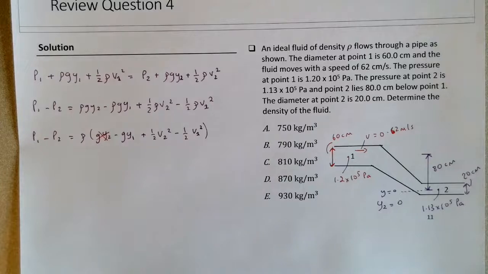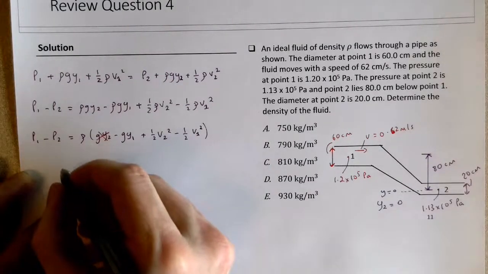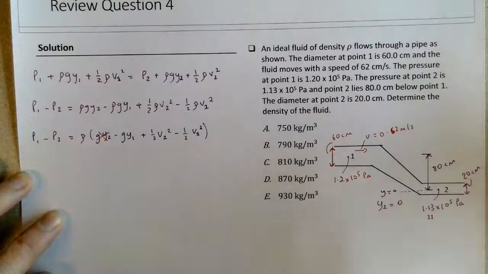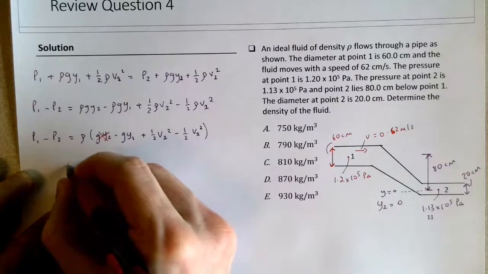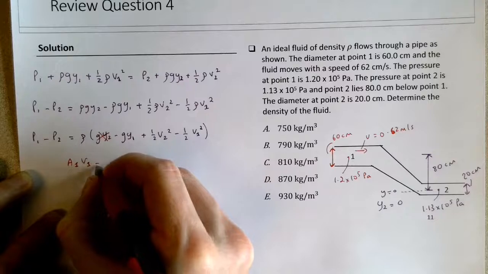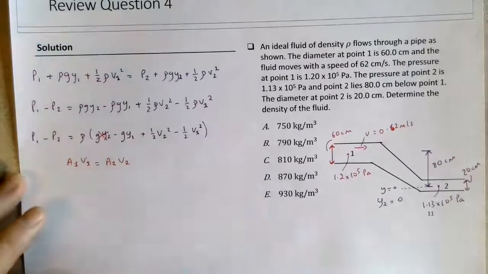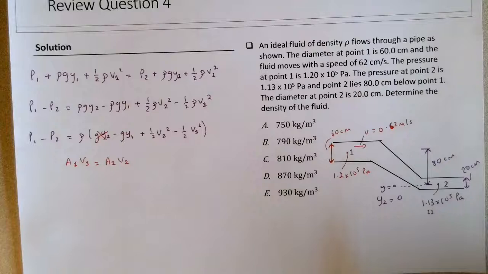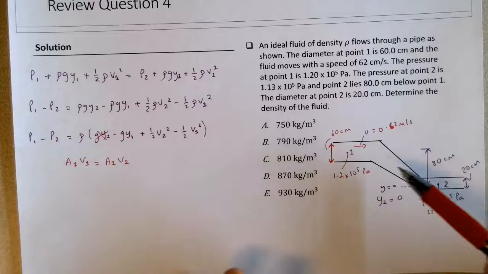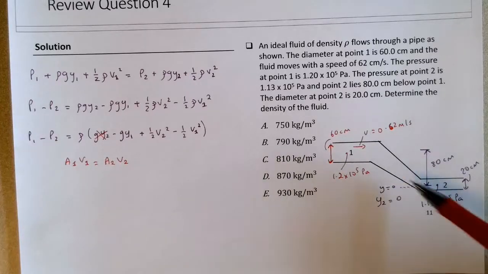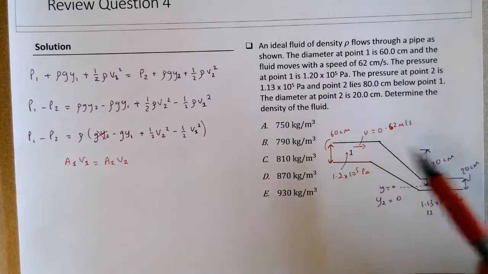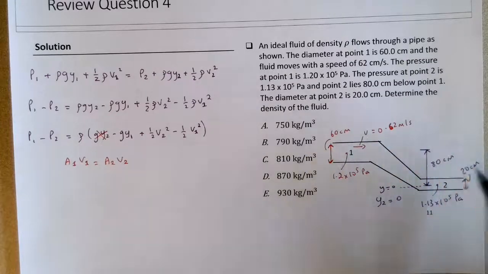Again, this is going back to continuity. So I know that A1 times v1 is equal to A2 times v2. And we have a nice fraction in the change of the diameter. You can convert this numerically, but if there's an easy proportion in the diameters, I encourage you to work semi-quantitatively.